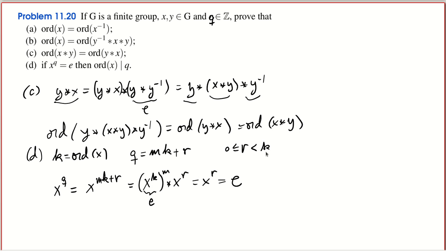But r is smaller than k, and k is by definition the smallest non-zero integer for which x to the k is equal to e. And r is a smaller integer, so the only possibility in this range is that r is equal to 0. And if r is equal to 0, then you go here, you get that q is equal to m times k, which means that k divides q, and that is exactly what we wanted to prove.